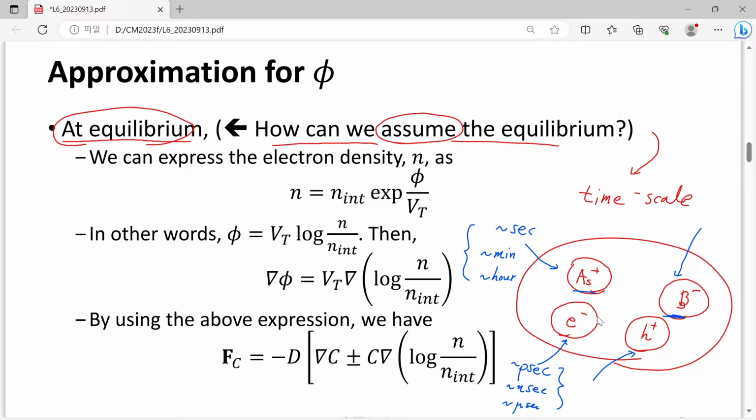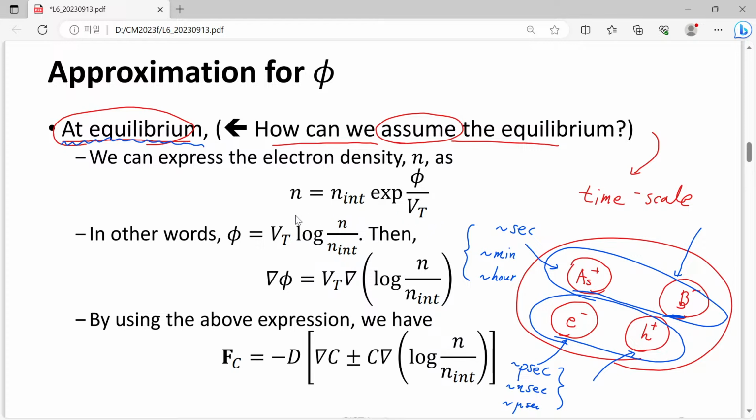From the viewpoint of the dopants, they are not in equilibrium, but under the given dopant concentration, we can assume that these electron-hole pairs are in equilibrium. That is the equilibrium approximation.